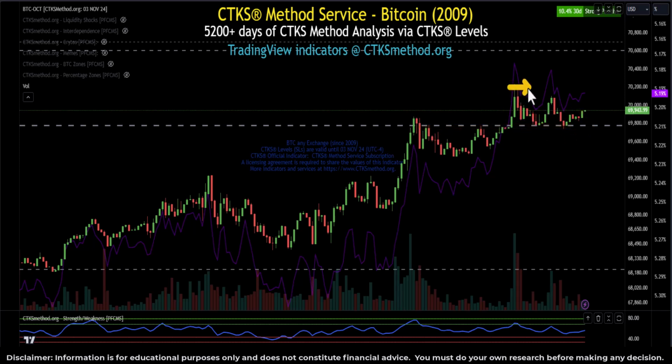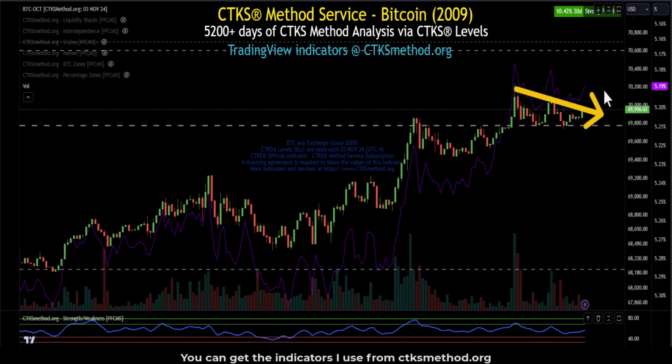We're currently making a series of lower highs, so we realistically need to break out and get above this particular area. So say around the 70,200 would confirm a bullish stance. But why did we get rejected here? The answer is inside total crypto market cap.